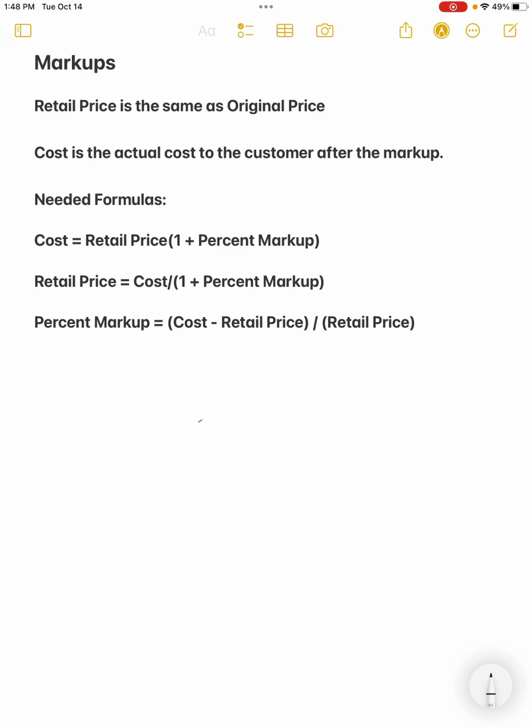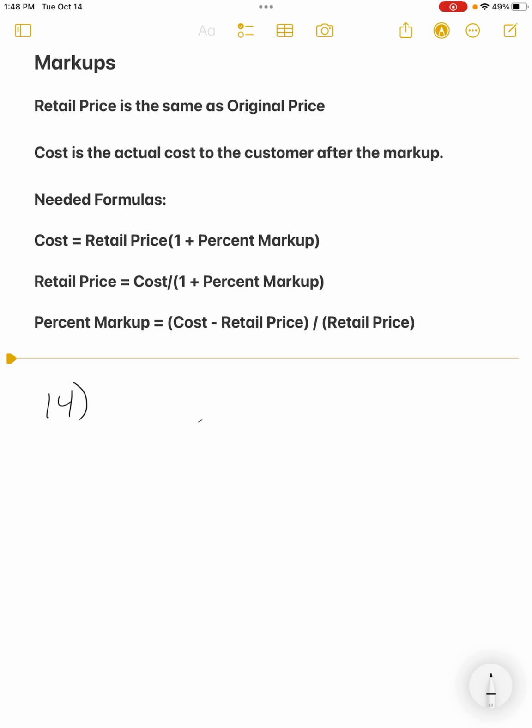And here are the needed formulas that are going to guide us through each one of those situations. So where do these kick in? Let's look at number 14. Number 14 seems to be where these kick in.